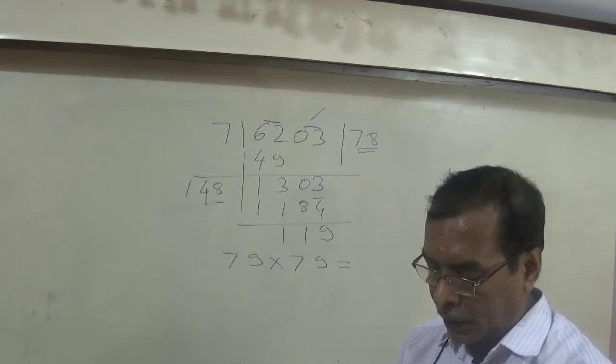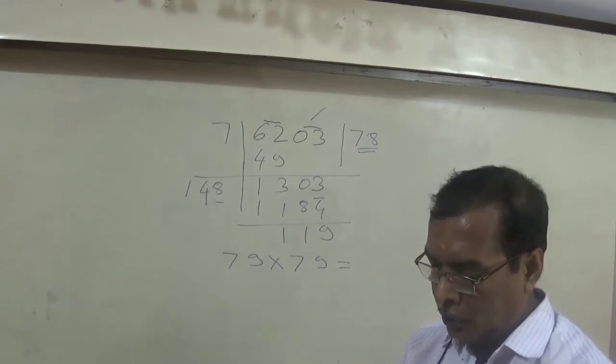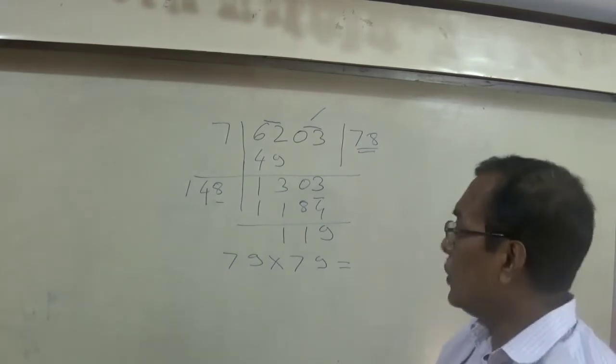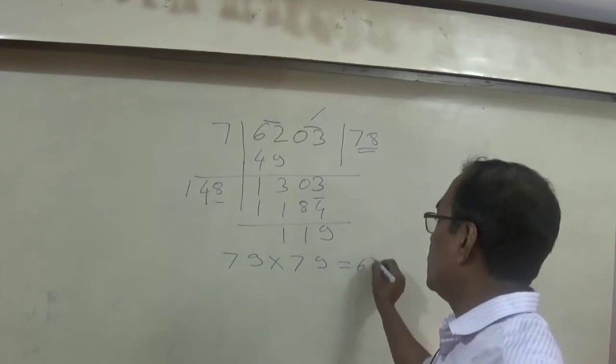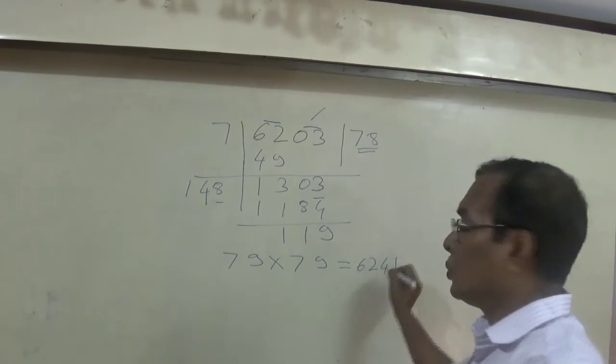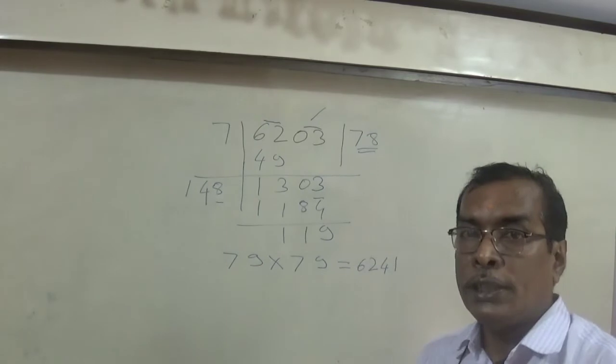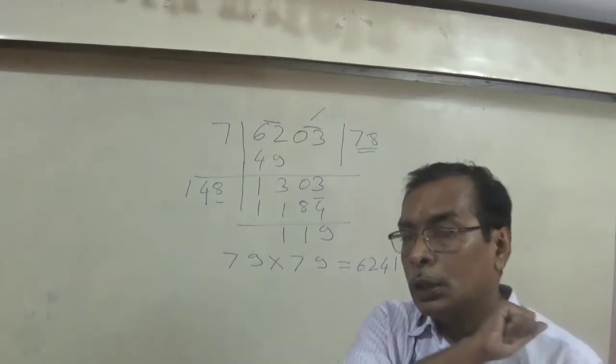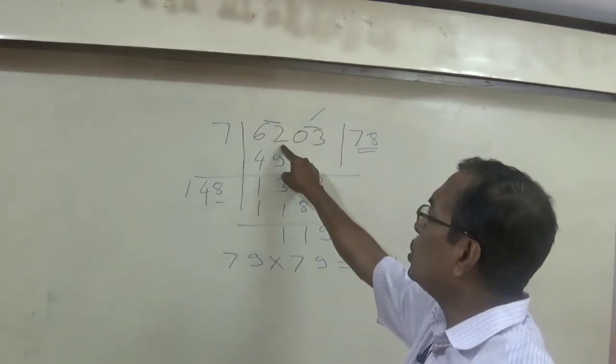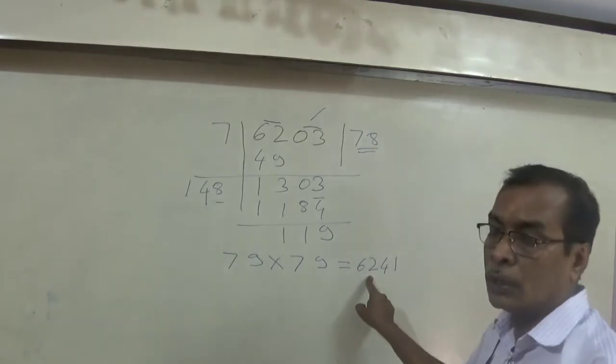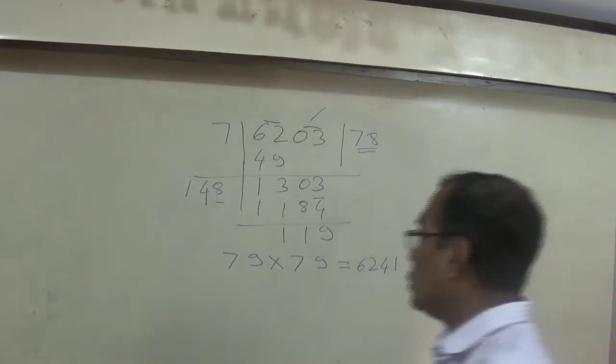It is coming as 6241. So in that case, you have to change this number to 6241. So how much is required to add?